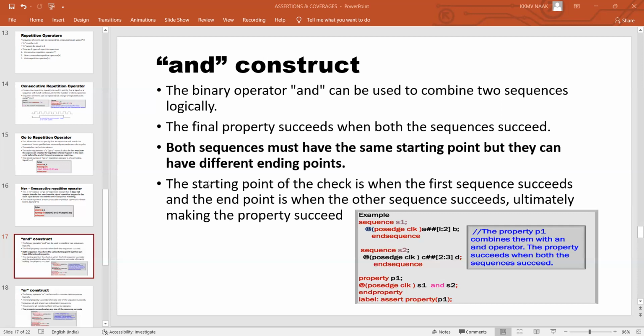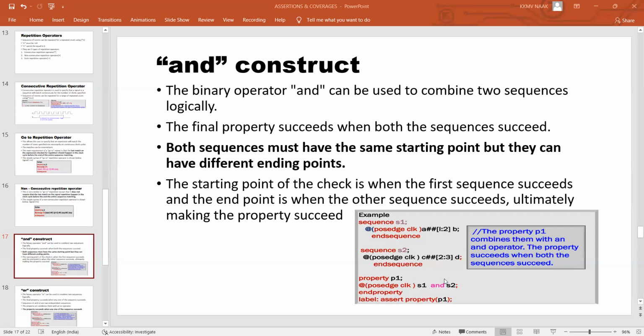So both sequences should have the same starting point, but the ending points can be different. By using this AND construct, you can combine sequences. The final property will pass when both sequences succeed, because it's an AND.